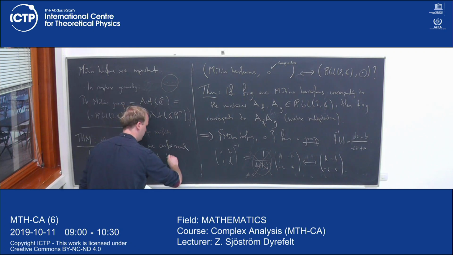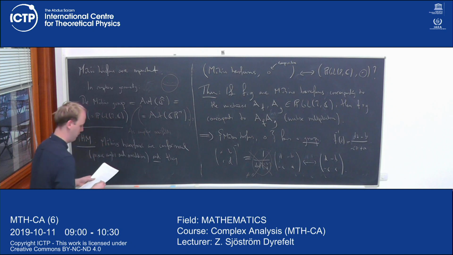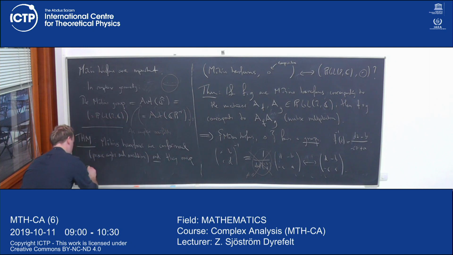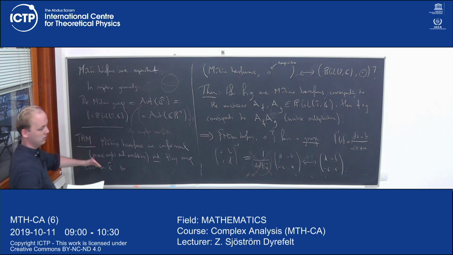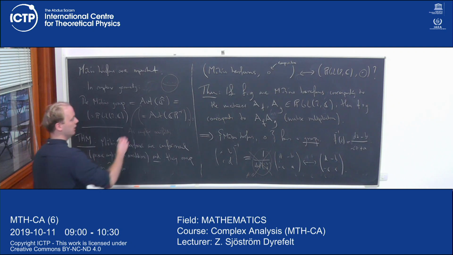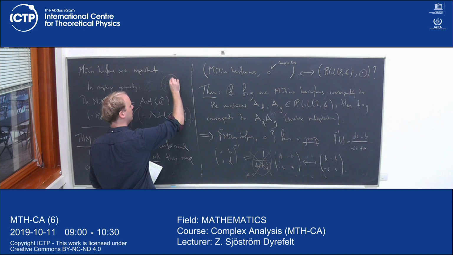And on top of this, and this is maybe the nicest property of all, they map circles in C hat, in the extended plane, because now we view Möbius transforms as maps on C hat, right? You remember we extended it to C hat. So we map circles in C hat, so we map something like this, or something like that.